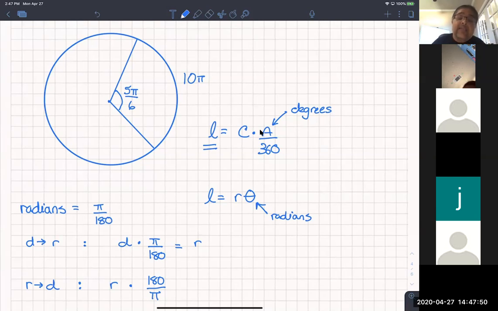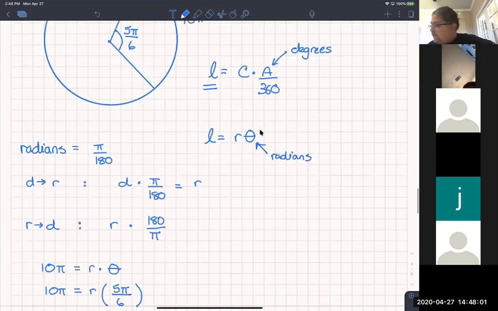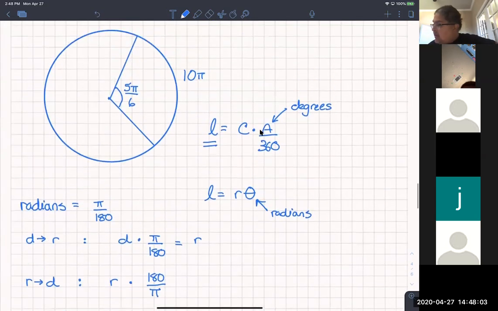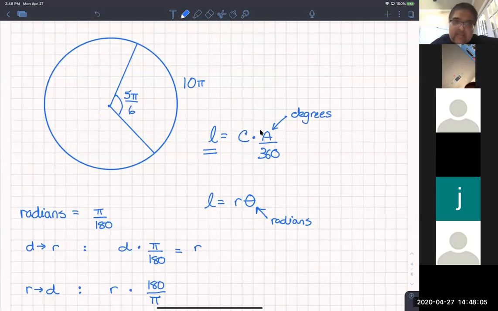If the angle is measured in radians, it's just radius times theta. The way you know it's in radians is if you have something in pi units, like 5 pi over 6 or 10 pi.